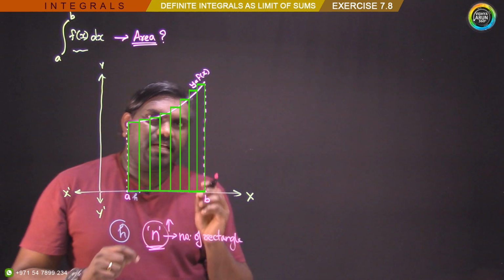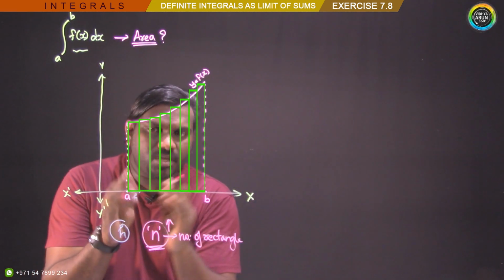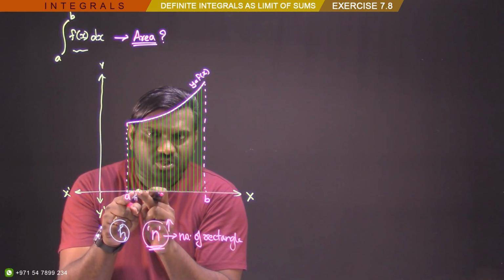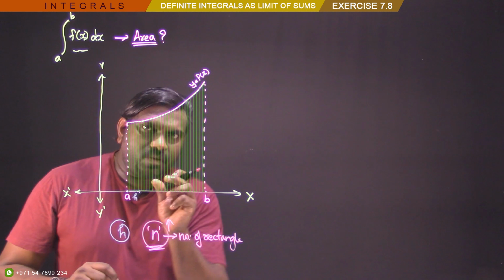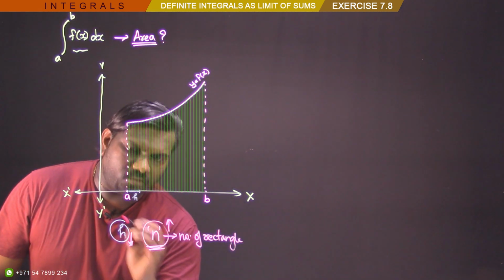You can imagine it. When the rectangles get smaller, as I showed earlier, the h is also decreasing, dear. H will become small, isn't it? Yes, so this will go down.